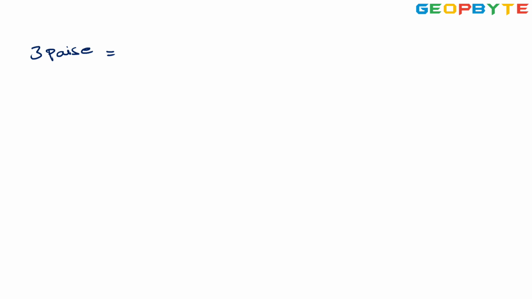So we can write it as 3 by 100 rupees. Dividing 3 by 100, we get 0.03.